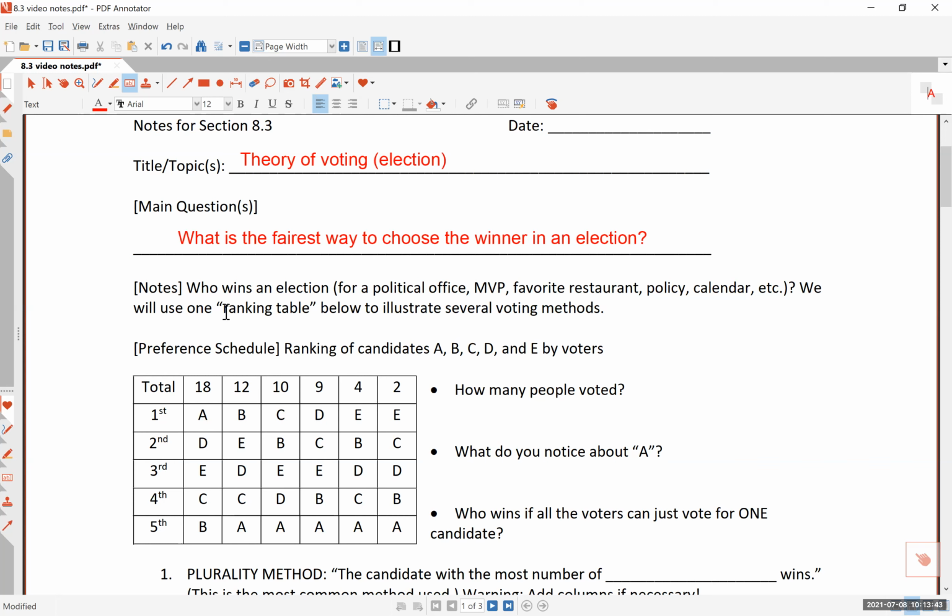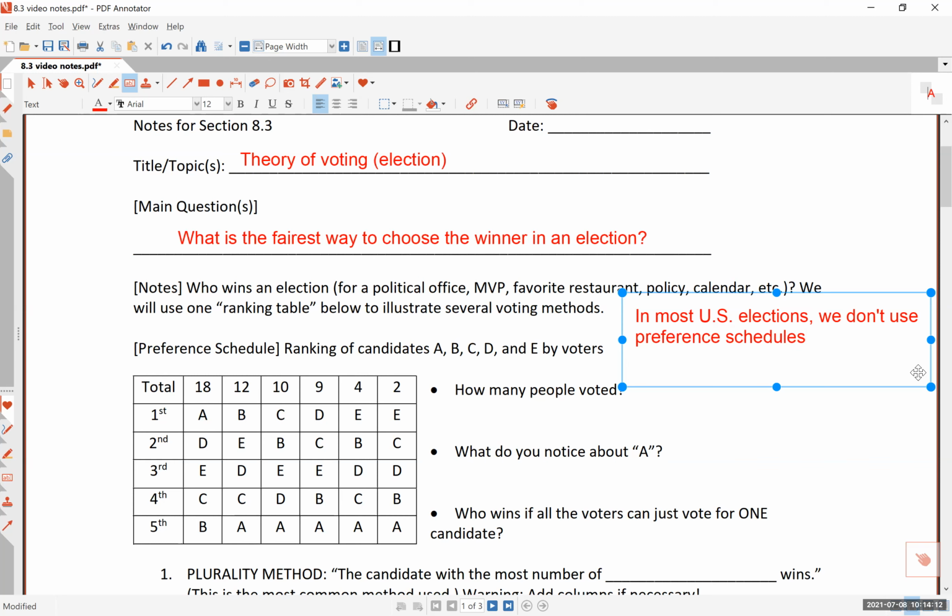We basically want to talk about this ranking table first, because it has a lot more information than just casting a ballot for one person. The ranking table below is going to illustrate this. Let me explain something else too. In most US elections, we don't use preference schedules.